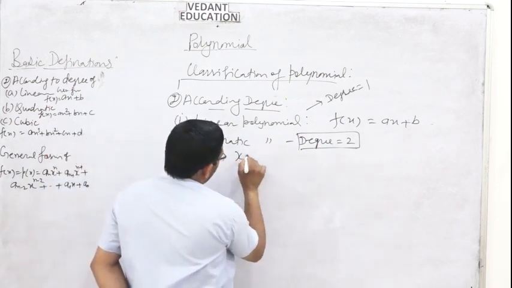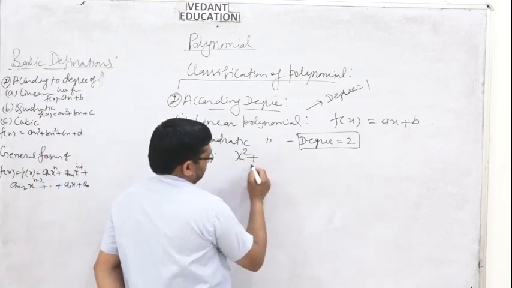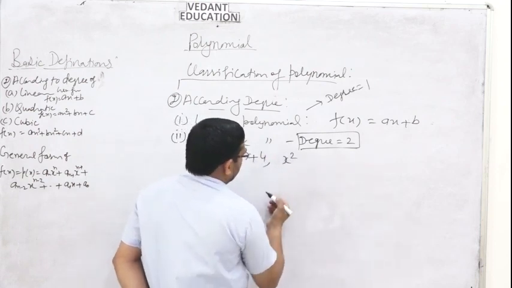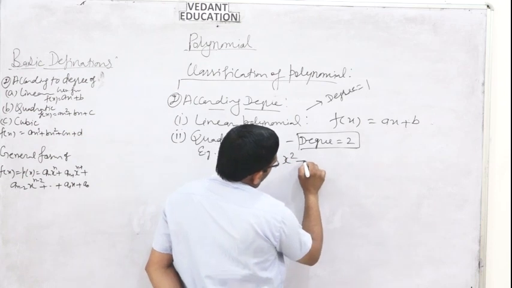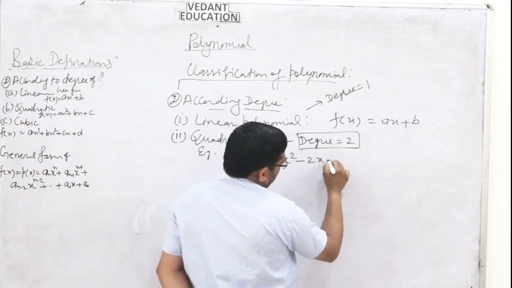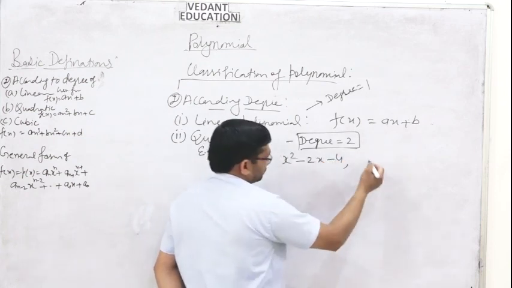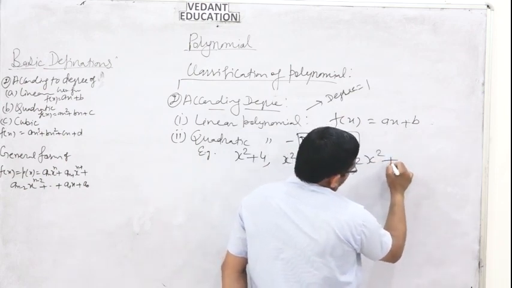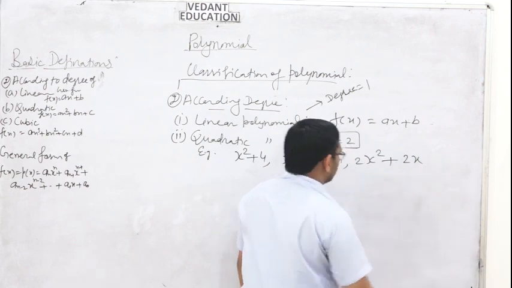So x square plus 4x square minus 2x minus 4, 2x square plus 2x.